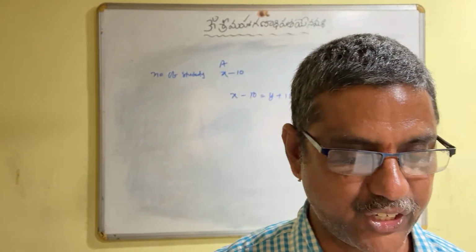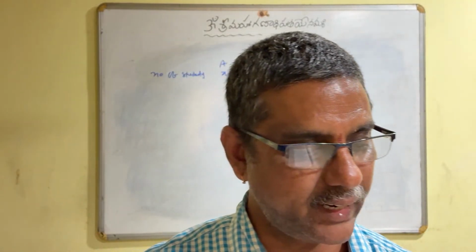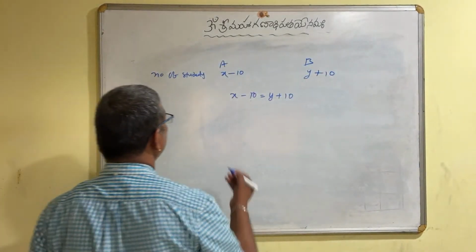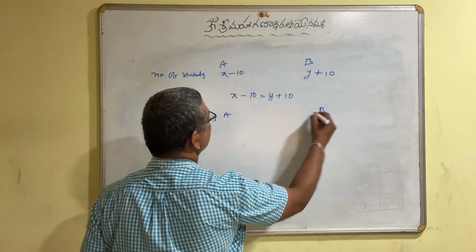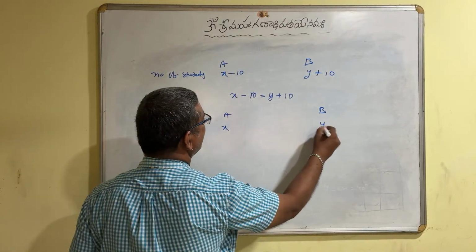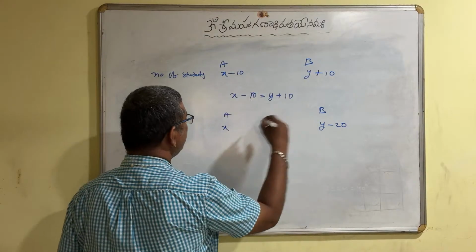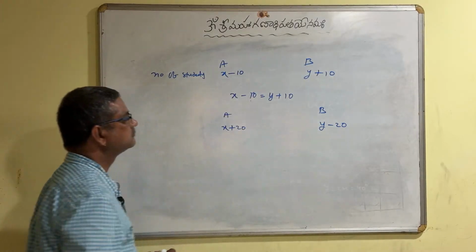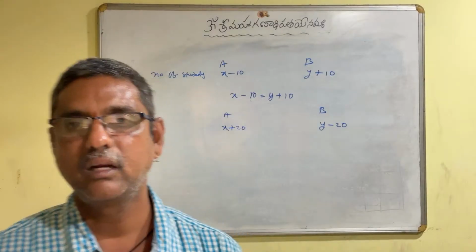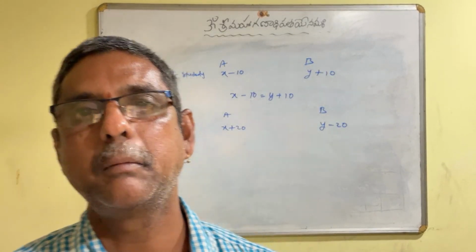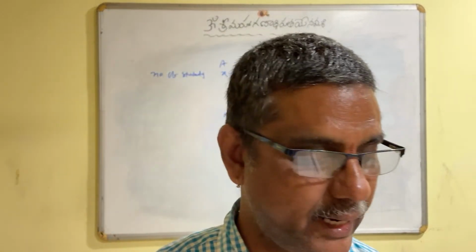Now what is the second condition? If 20 students are sent from B to A, here x are there, here y are there. Now if I send 20 students from B to A, then what is the condition?